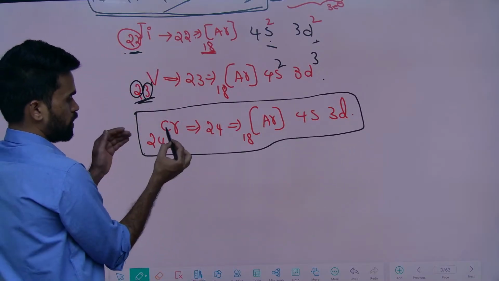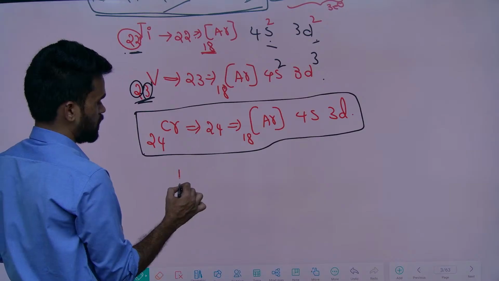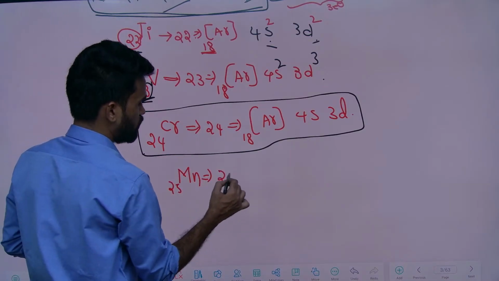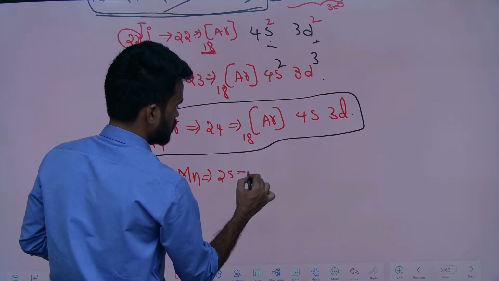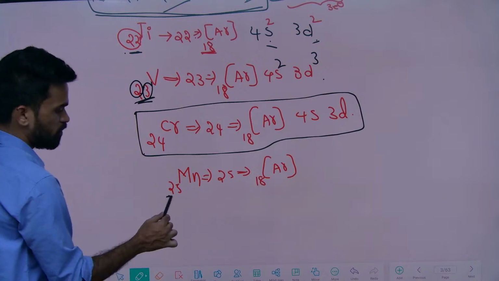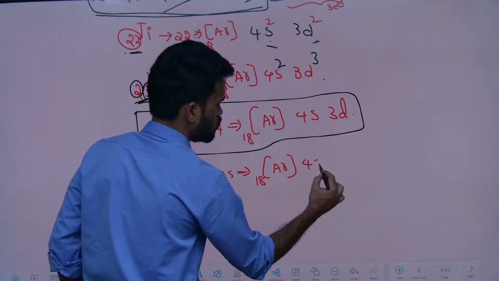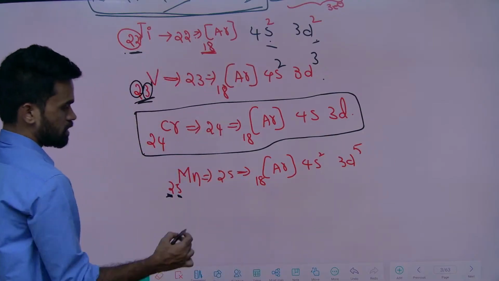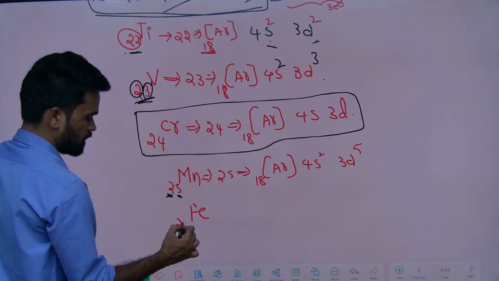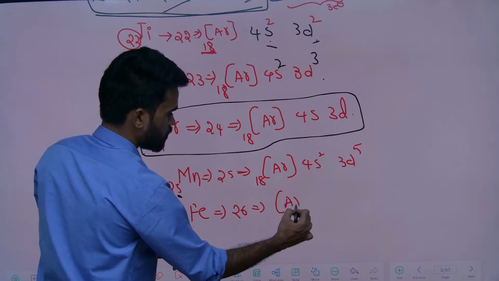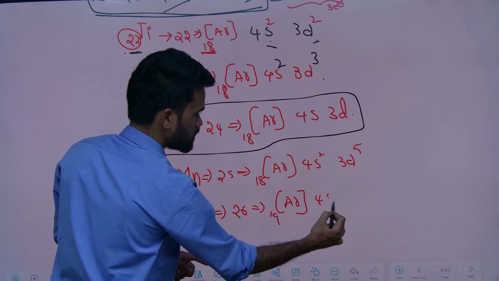Okay, next, who is the 25th element? Manganese, 25th. So argon 18, then 4s2 3d5. Next iron, 26. Just make it 4s 3d.